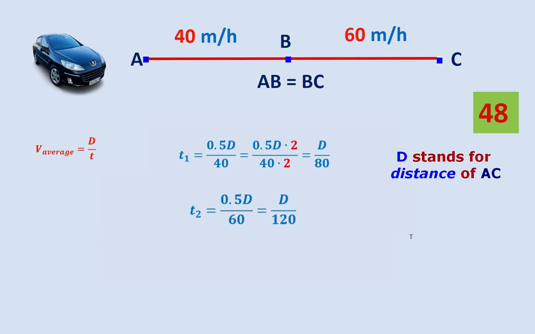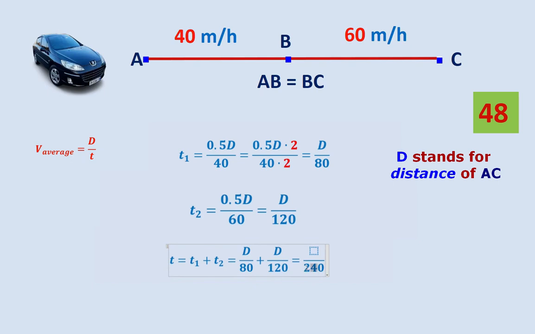Now let's find out what is the total time spent on the road. T is equal to T1 plus T2, which is d over 80 plus d over 120. What is the common denominator of these two fractions? Obviously, it's 240.